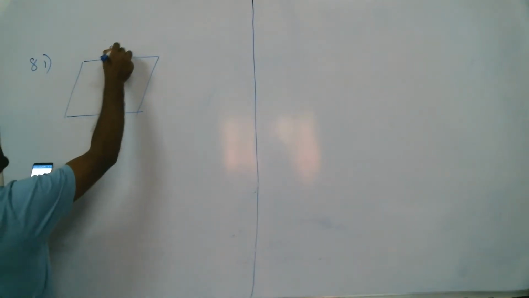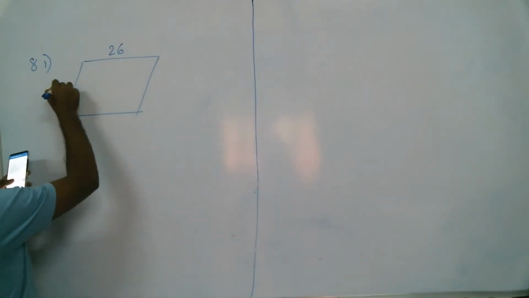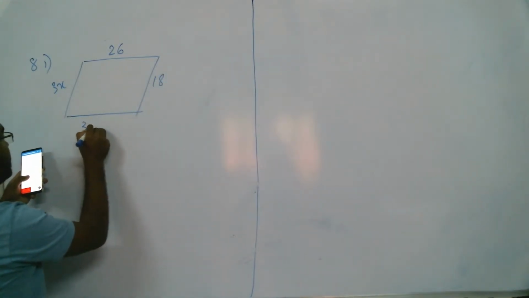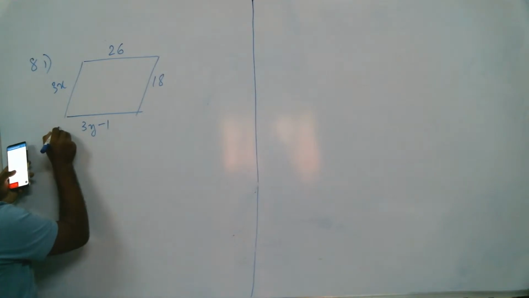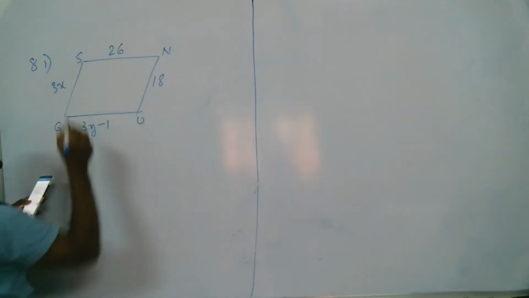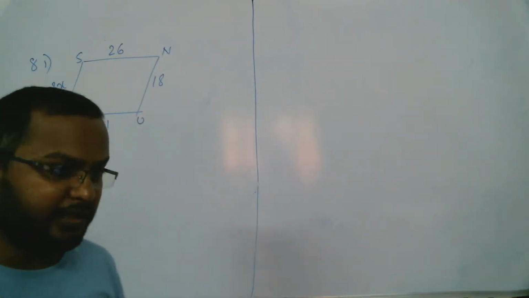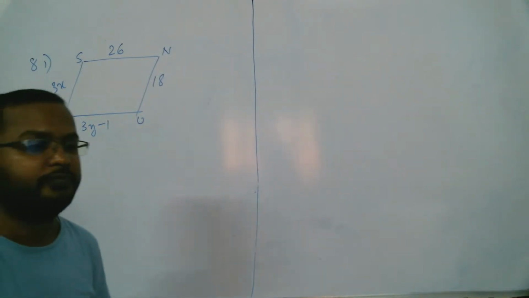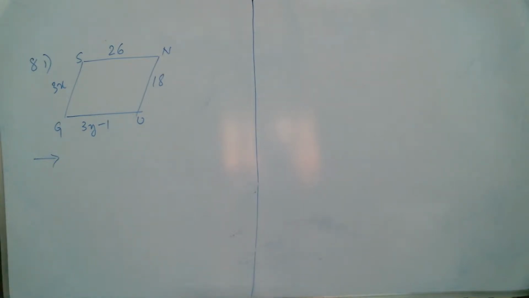Here they are given 26, and here 3x, and here 18, and here 3y minus 1. In these parallelograms, they are asking you to find the value of x and y. So how can you find the value of x and y in this question? Look at the figure and tell me how we can find the value of x and y.